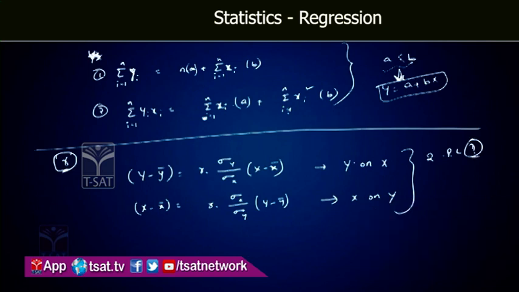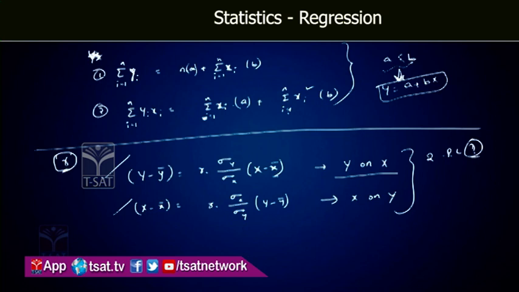See the first one, it is y on x. That means when we want to find the different values of y for different values of x, we will use this line. We will substitute all the values of x here, then we will get y values. And in order to find the different values of x for different values of y, we use this regression equation.